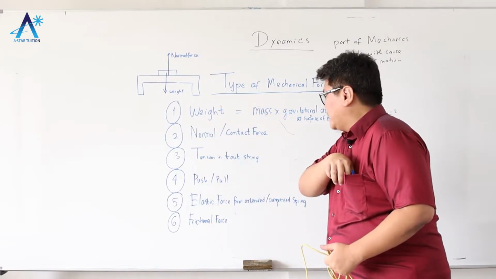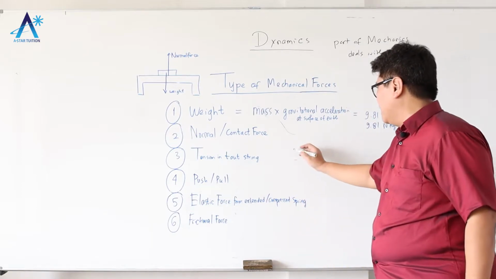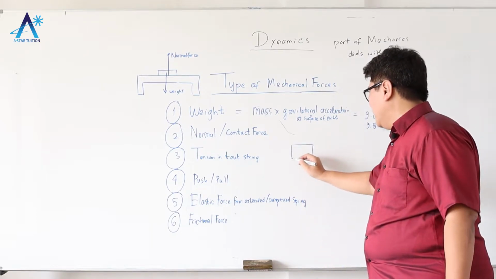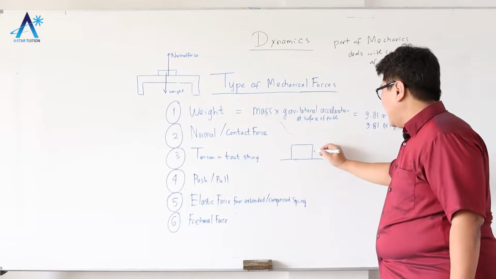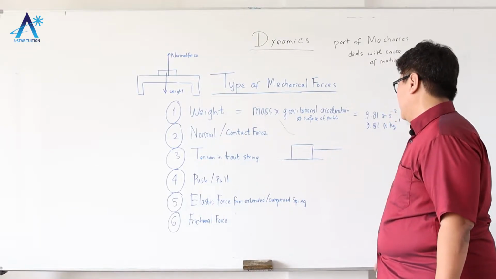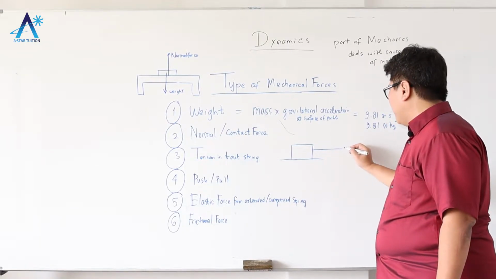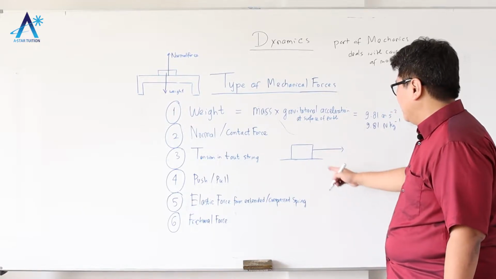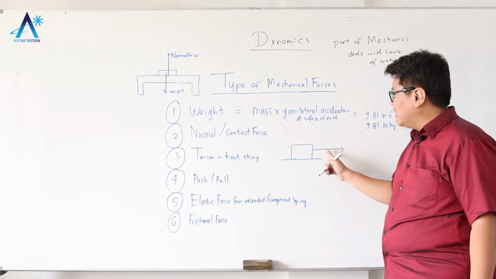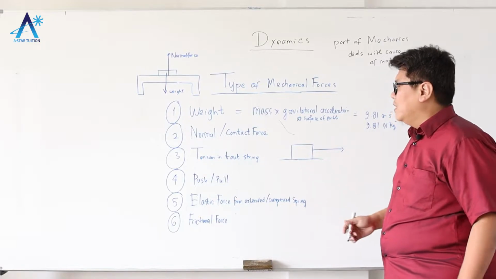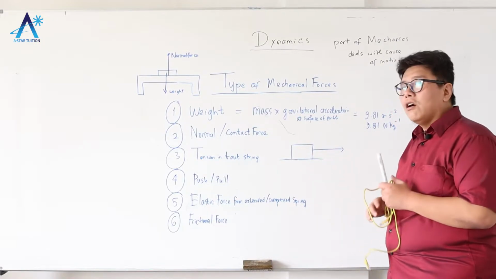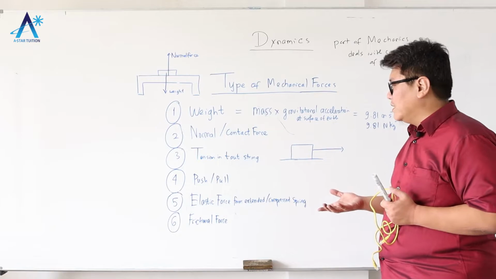So if you have an object, let's say a block that you tie with the string, and then you apply a force to the string, then there is a tension acting on the object. So remember, every time you have a taut string, there is a tension.